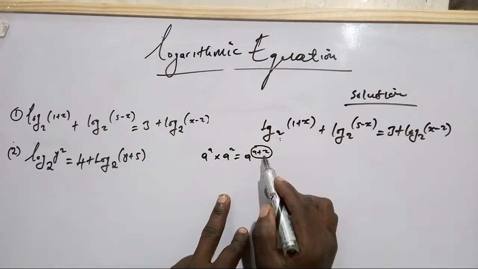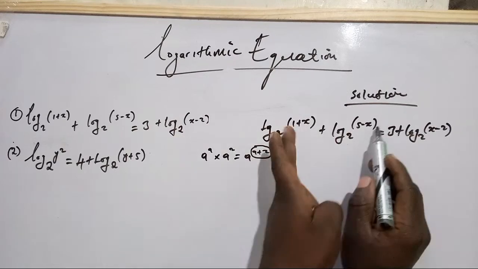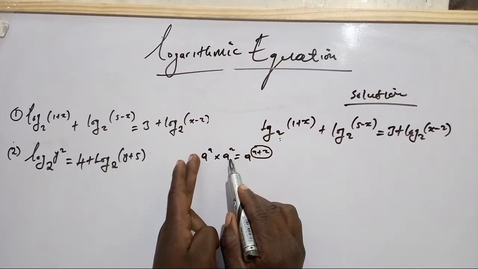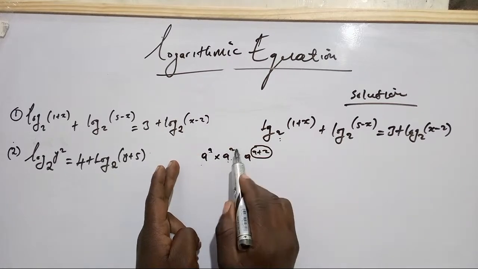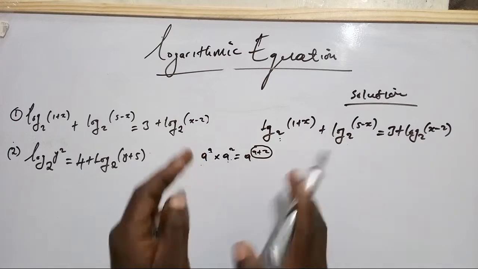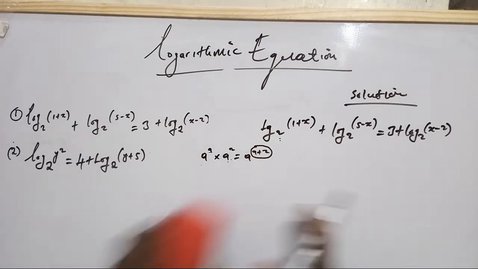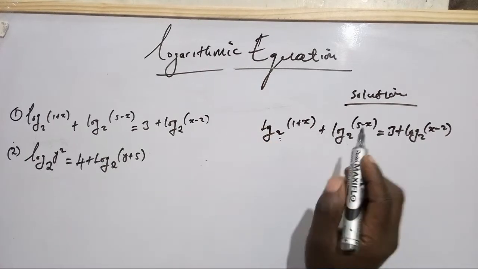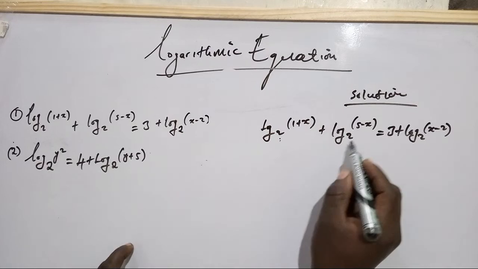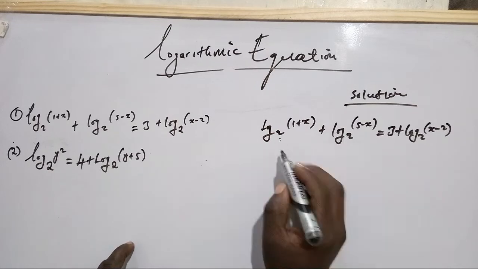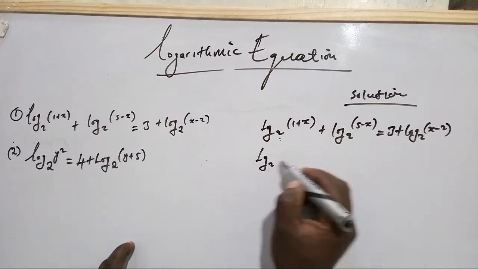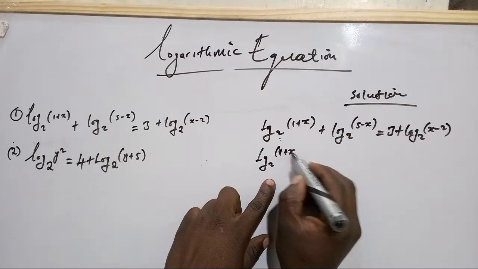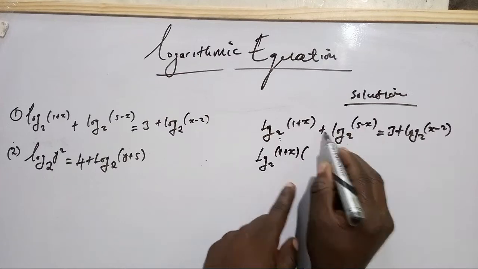Here we have a positive, so that means we are going to multiply the powers. These are the powers of the logarithms, and these are the bases. It does the opposite way, right? Here we only get one common logarithm because we have log₂. So we say log₂ of (1+x) in the bracket, multiplied by (5−x), because there's a positive.